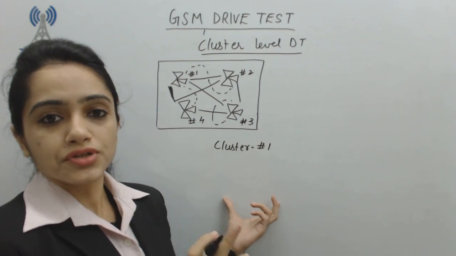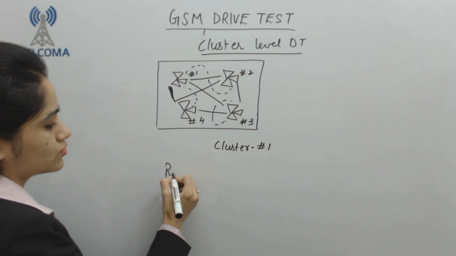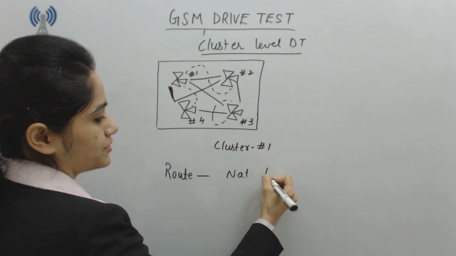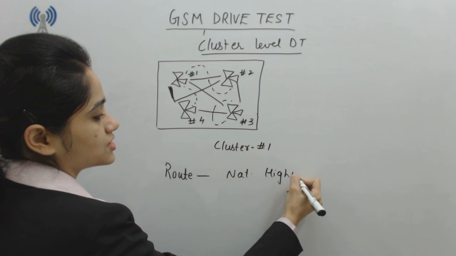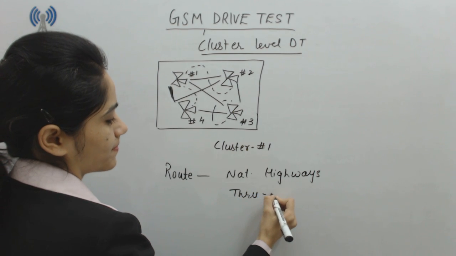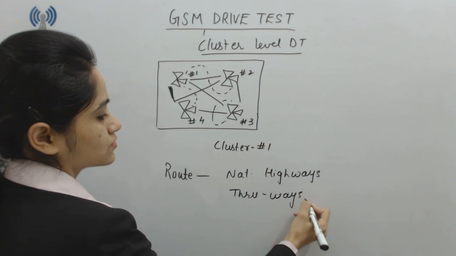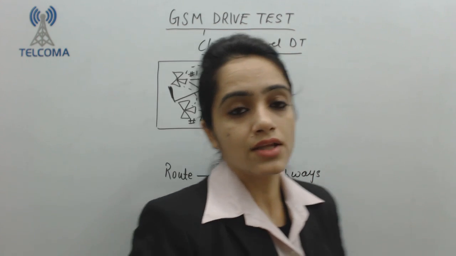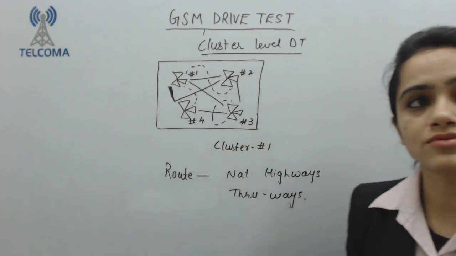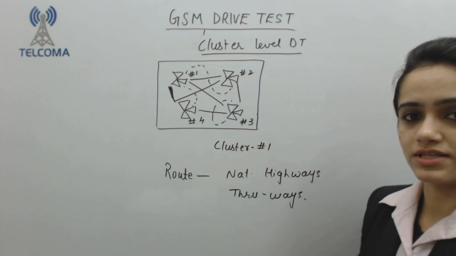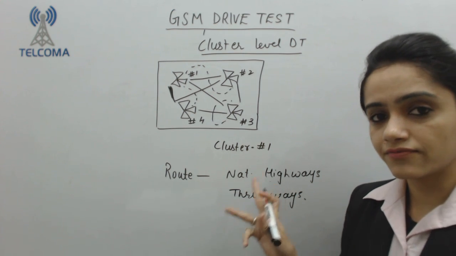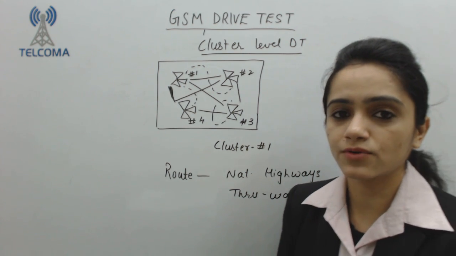That route should cover our national highways as well as the throughways. So we are covering the users on the national highway as well as the normal users in the throughways. So we are first defining the route and then we have to drive the area.